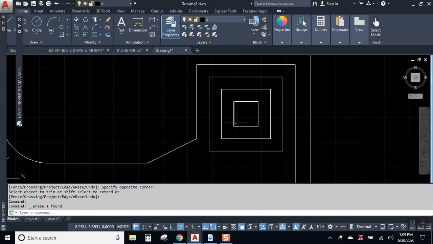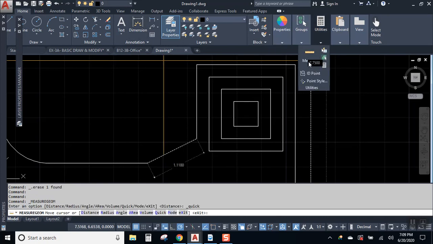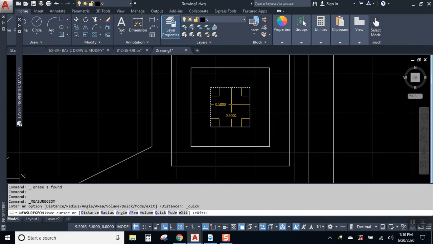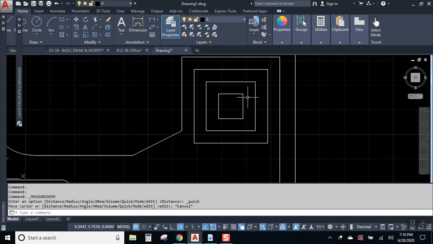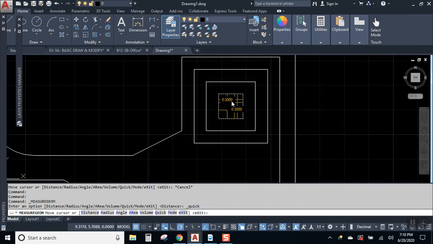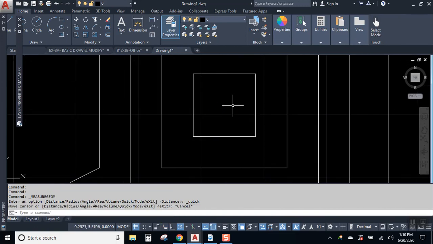We got a little square here in the middle, right? So, 1/4 inch, 1/4 inch, 1/4 inch. If you use your measure tool and go in the center there, you'll see that this is a 1/2 inch by a 1/2 inch. Okay, your quick measure gives you some distances, right?